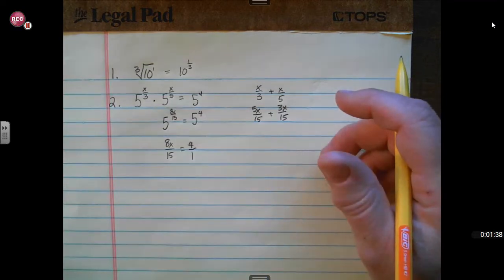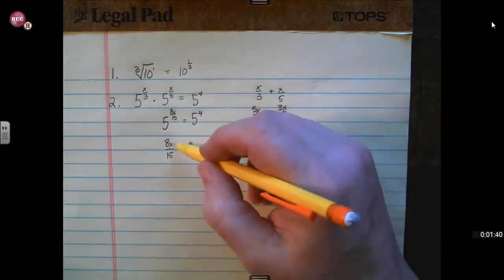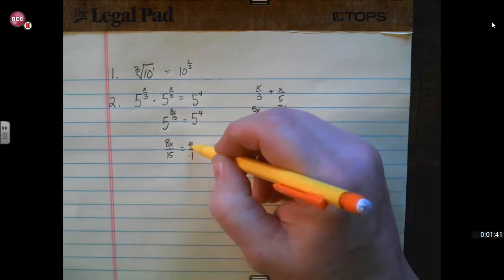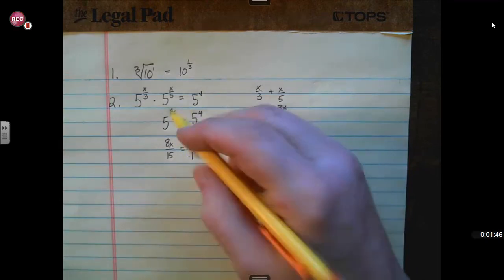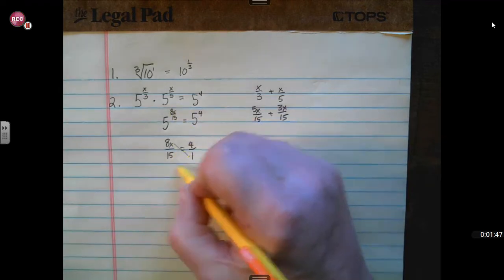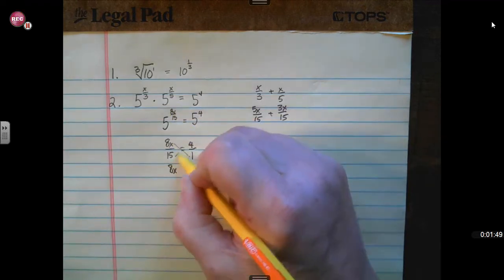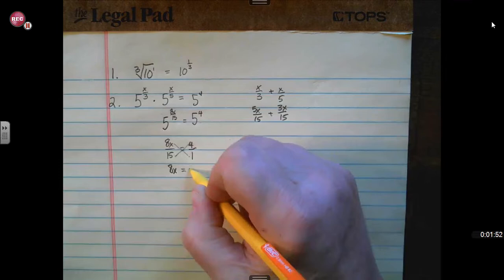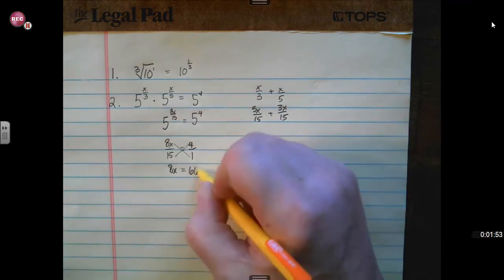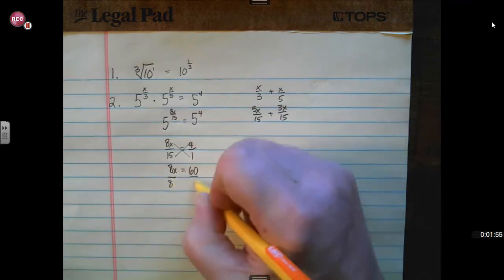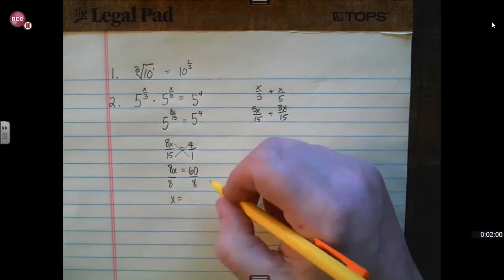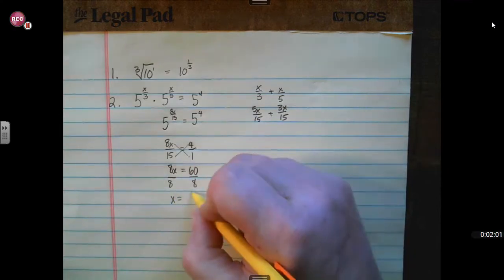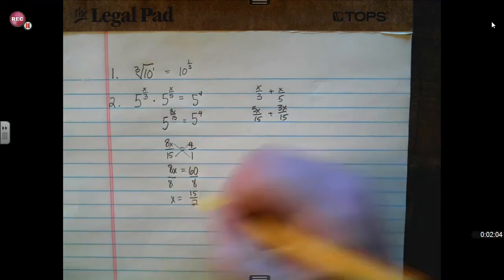I noticed that when some of you cross multiply, you want to put 8x over 60. And then my question is, what happened to your equal sign? When you cross multiply, here to here, I get 8x, and here to here, 15 times 4 is 60. And then I divide both sides by 8. So x is, I reduce that fraction, and I get 15 over 2.